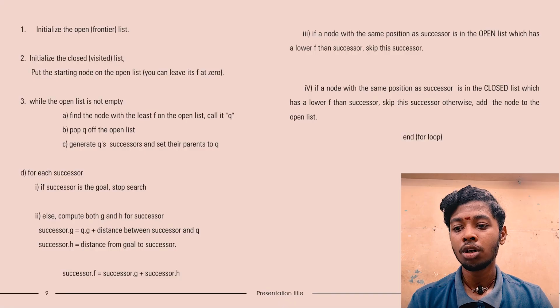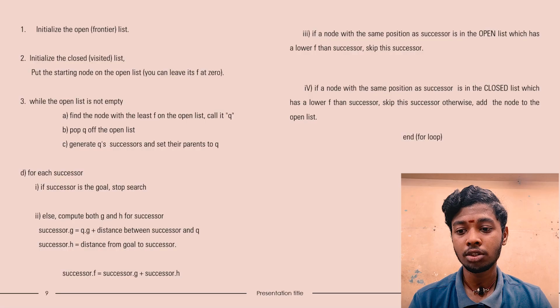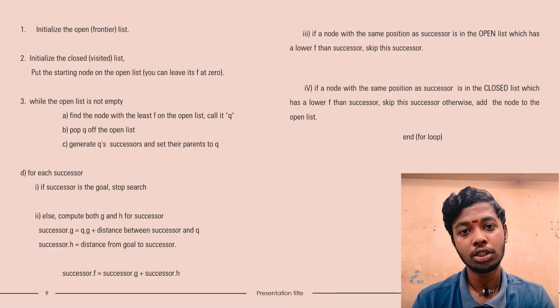Fourth, for each successor, if the successor is the goal, stop the search. Else, compute both g and h for the successor. What is the successor's g? It is q.g plus the distance between successor and q. And h is the distance between the goal and the successor.